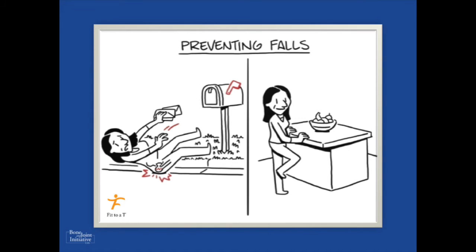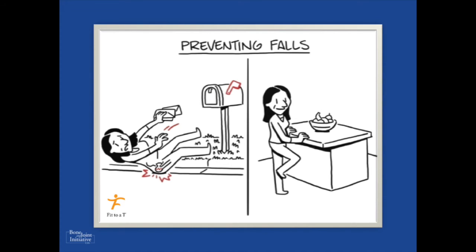Falls are also costly in dollars and in quality of life. Annually, 3 million older people are treated in the emergency department because of falls. 800,000 of these patients end up being admitted.